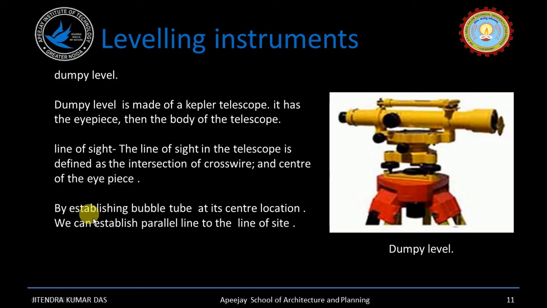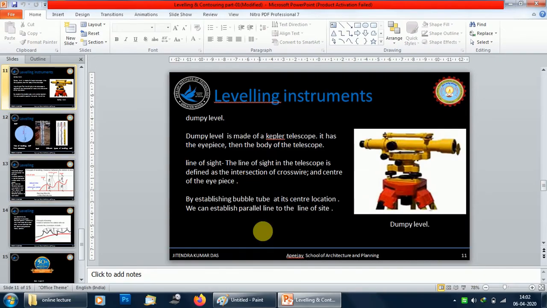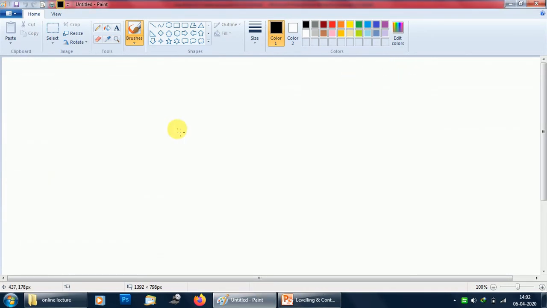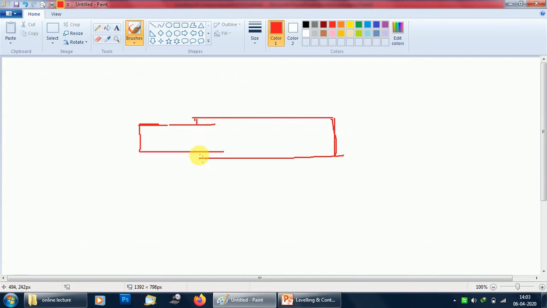We will understand it. Suppose this is a Kepler's telescope, roughly I am drawing, okay, and another barrel inside this one, and here inside it a crosshair placed here, and this is the eyepiece.